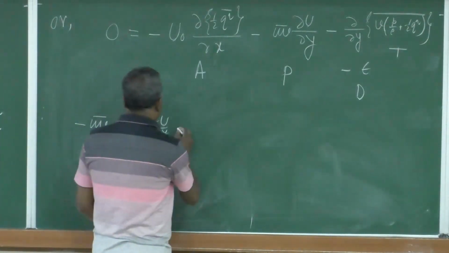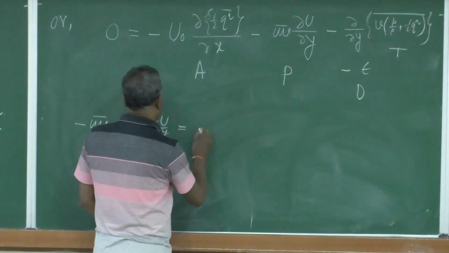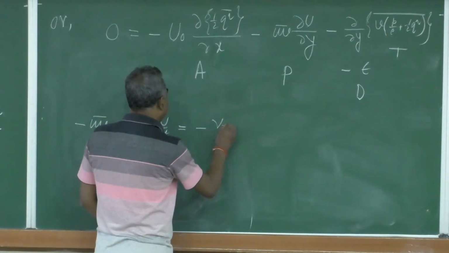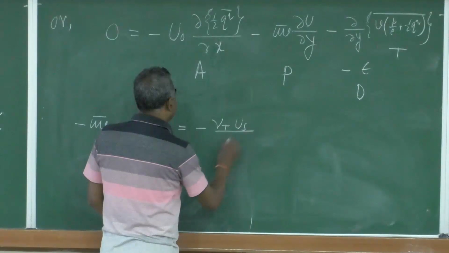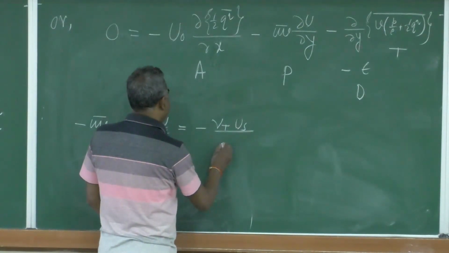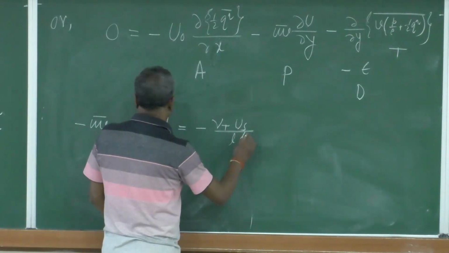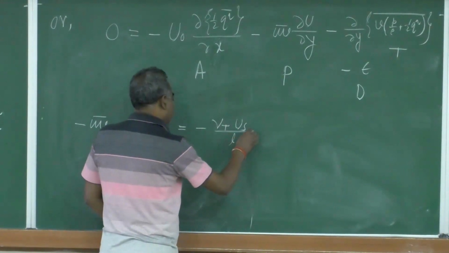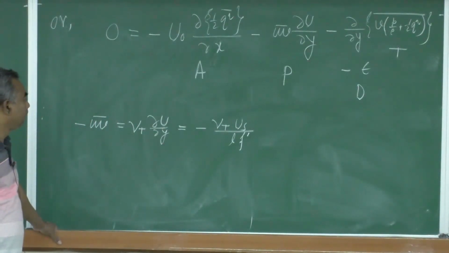Now, nu t del u del y, again minus nu t, what it gave us by us L A prime. This is what we got.